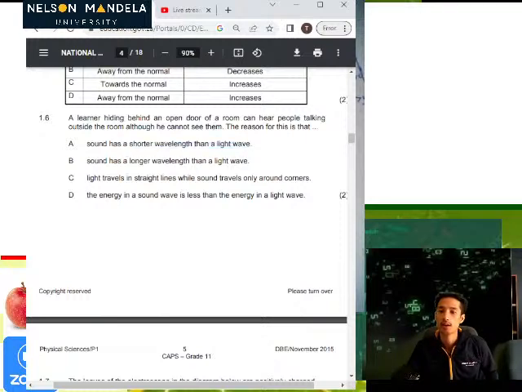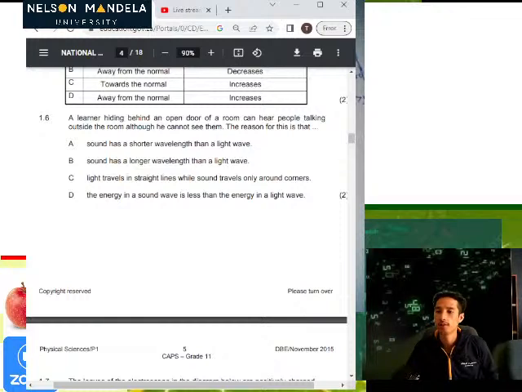Now we know that sound has a longer wavelength than light. Let me not confuse this with the electromagnetic spectrum. But sound has a much greater wavelength in general than that of a light wave.